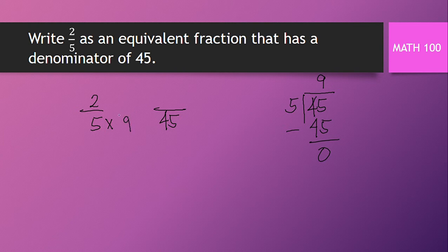That will result to 45. And since we are not going to change our fraction in here, we are just simply multiplying the entire fraction by 1, or the 9 over 9 in there. So that means we are to multiply our numerator by 2 as well. So we have 2 times 9 is 18. And this is our equivalent fraction.